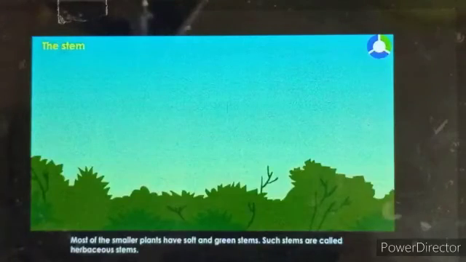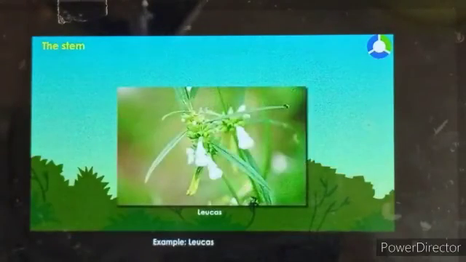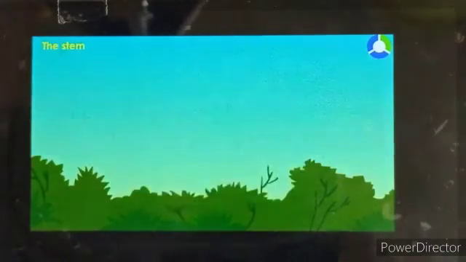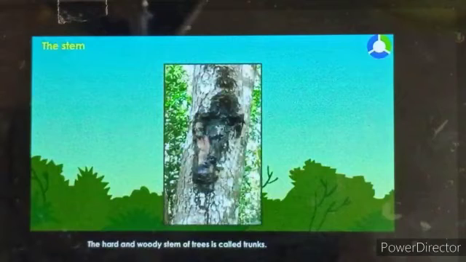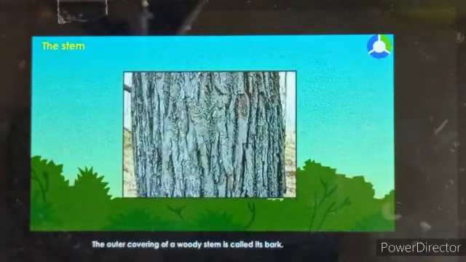Most of the smaller plants have soft and green stems. Such stems are called herbaceous stems. Example, leucas. The hard and woody stem of trees is called trunks. The outer covering of a woody stem is called its bark.